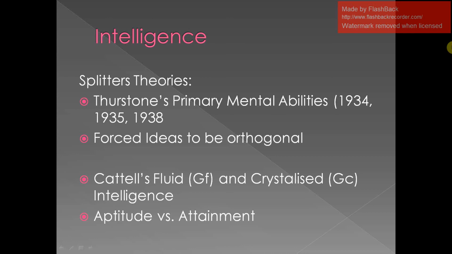And there's Cattell's fluid and crystallized intelligence, and he looked at aptitude versus attainment. He looked at crystallized intelligence and fluid intelligence as two very broad types of ability, and aptitude versus attainment.